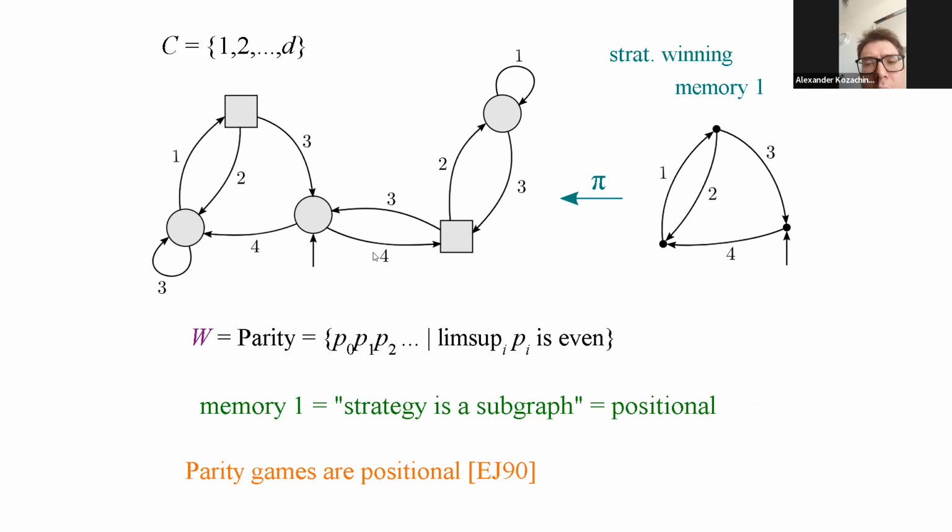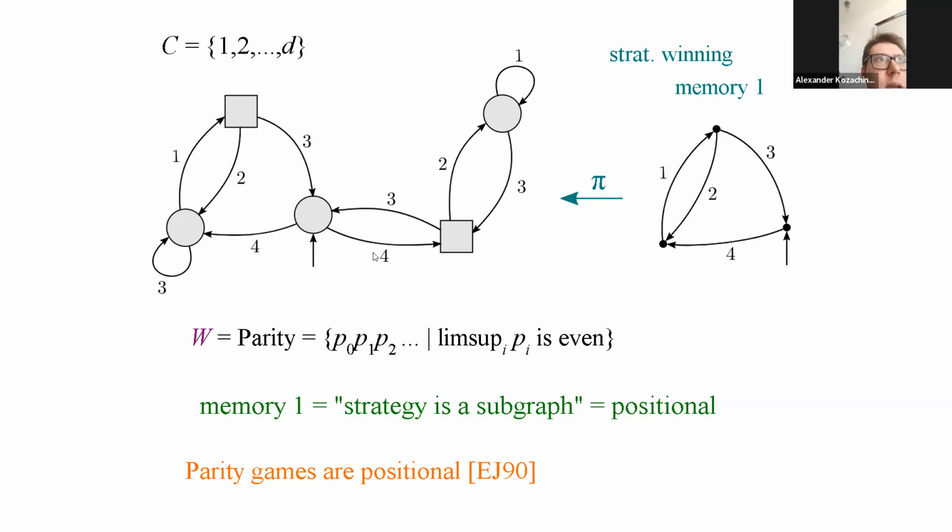Then we have a positional strategy, from proportionality of mean payoff games, which guarantees that all simple cycles are negative. And in terms of parity games, it means that this strategy guarantees you that all simple cycles are even.